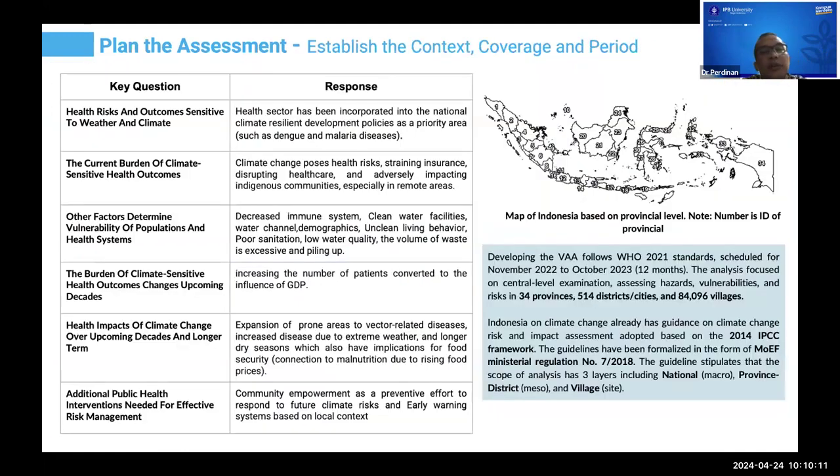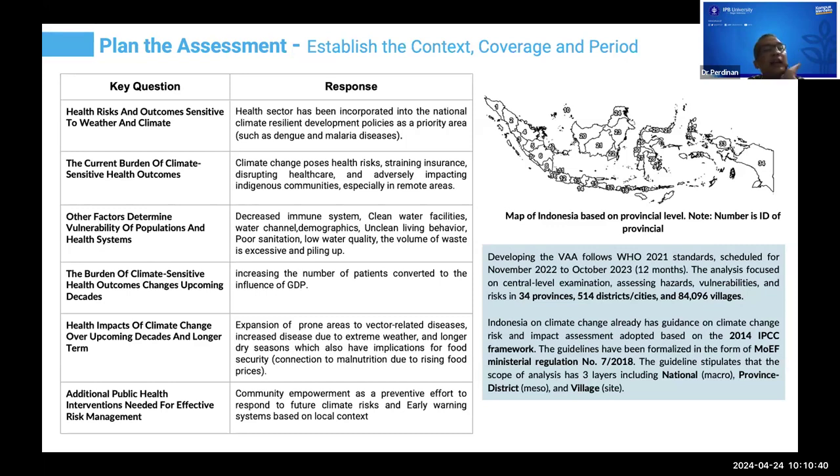We also use some key questions to establish the context, coverage, and period. As you might notice, the work is done for all of Indonesia, containing 84,096 villages, which requires a huge data set. As I explained before in the methodology, we developed it following the IPCC guidance as well.